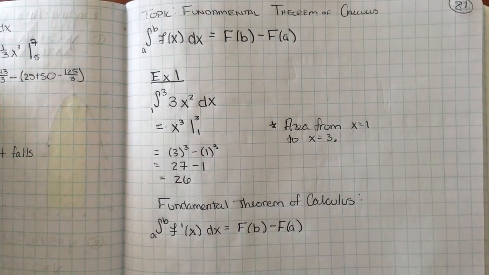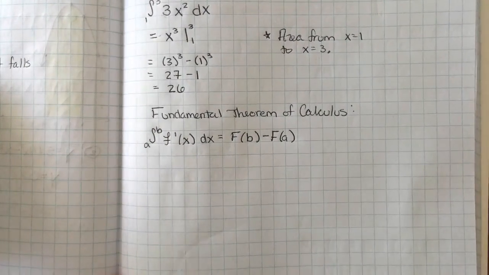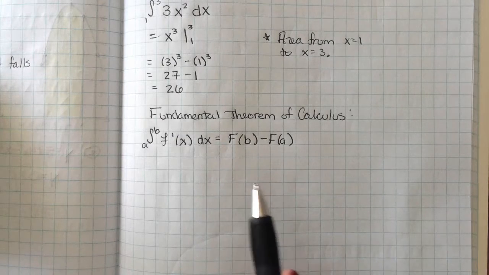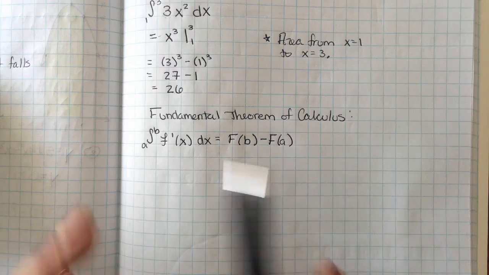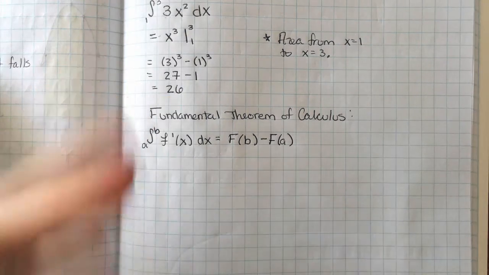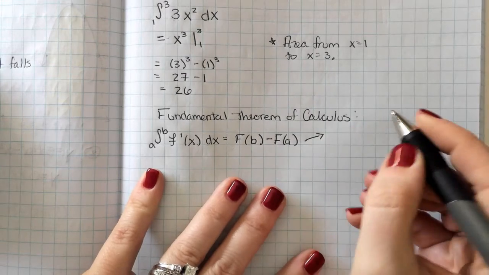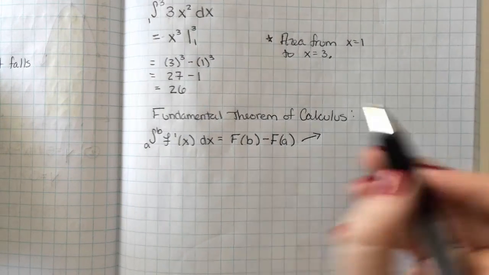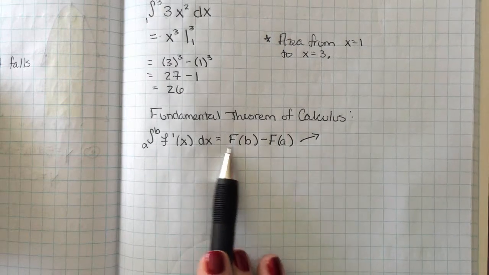Here's what I want you guys to understand. Let's say I was looking for a particular value. Let's say I wanted to know what just F of b was alone. I could rearrange this equation a little bit. How would I get F of b by itself?